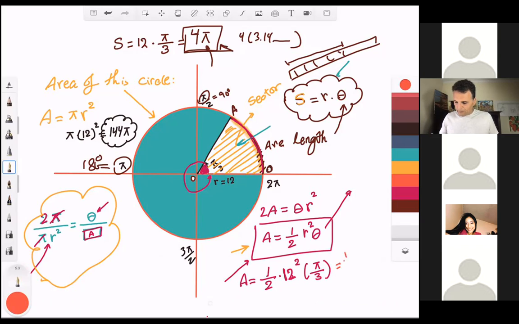So it will be 1/2 times 144 times pi over 3. Correct? What do we get if you calculate it?